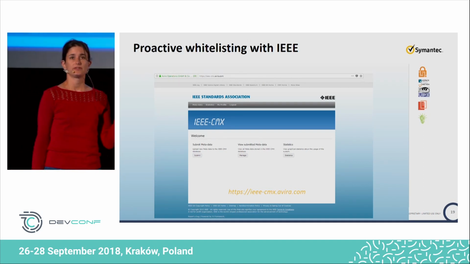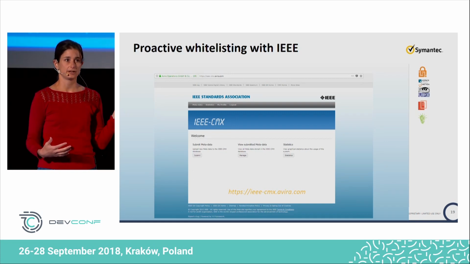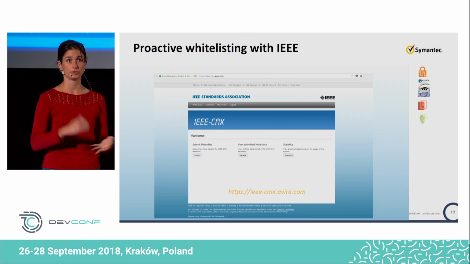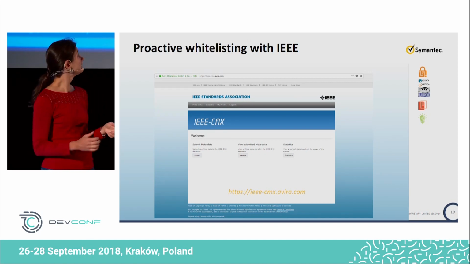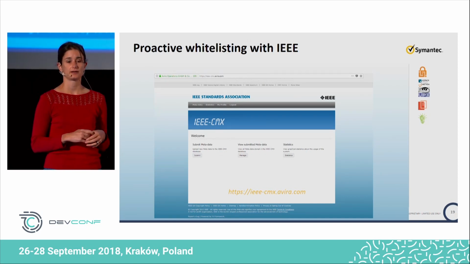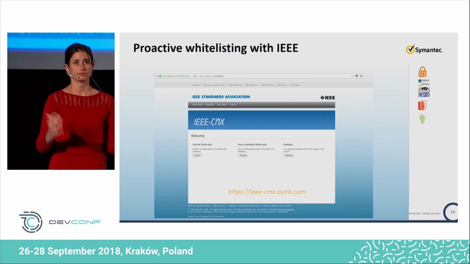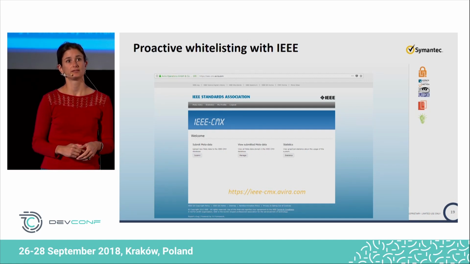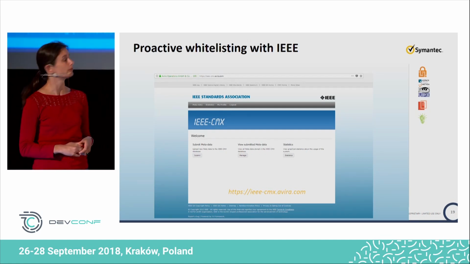So you sign up with them and you provide an authentication key, and then you provide hashes from your binaries. You don't have to provide the actual software. Once it's there, any software vendor who is willing to implement this whitelist can consume it. So you would have to do it only once for everybody.